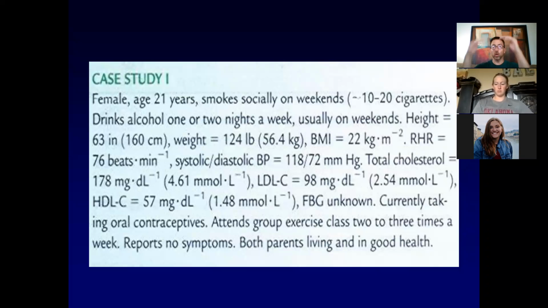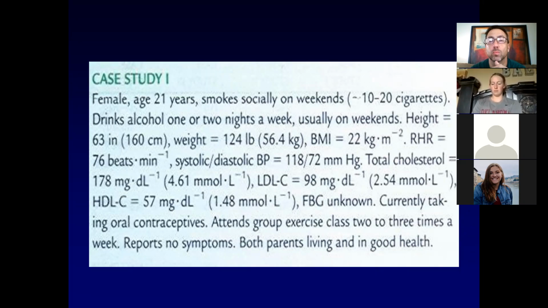Okay, let's work through our 7 risk factors. Number 1, family history. Does she have a family history? No. Preston, you said no? Yeah. Both parents are living and no health problems. Okay. Are we sure about that? I mean, we know that they're living, but is living the question?